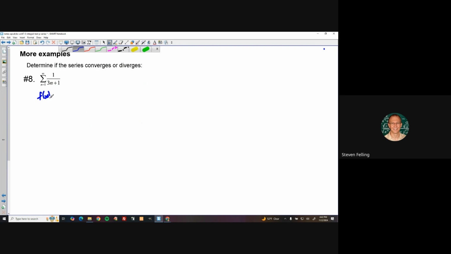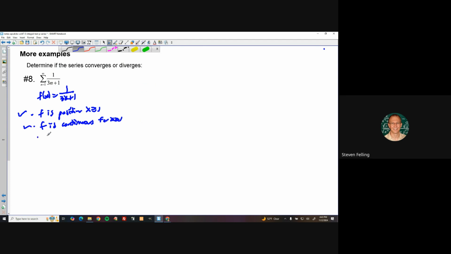f of x is 1 over 3x plus 1. So, I think we can say f is positive for x greater than or equal to 1. We can say f is continuous for x greater than or equal to 1.